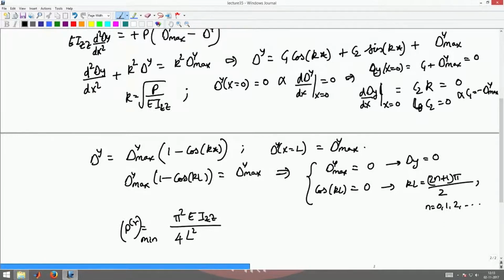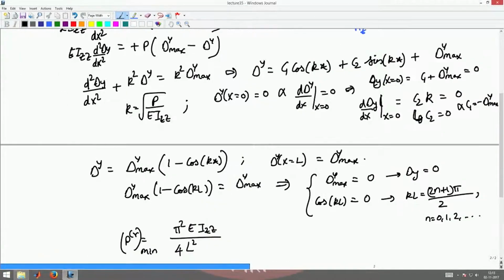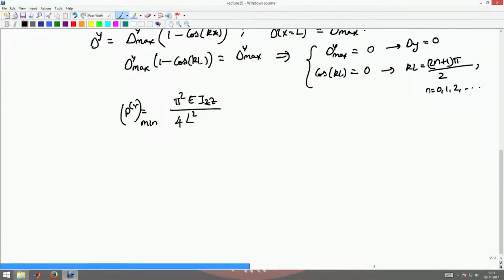Okay. Now, let us proceed and do it for a statically indeterminate structure. Let us do it for a propped cantilever. Let us assume that I have a propped cantilever subject to an axial load P. Now, this would deform into some shape like that.